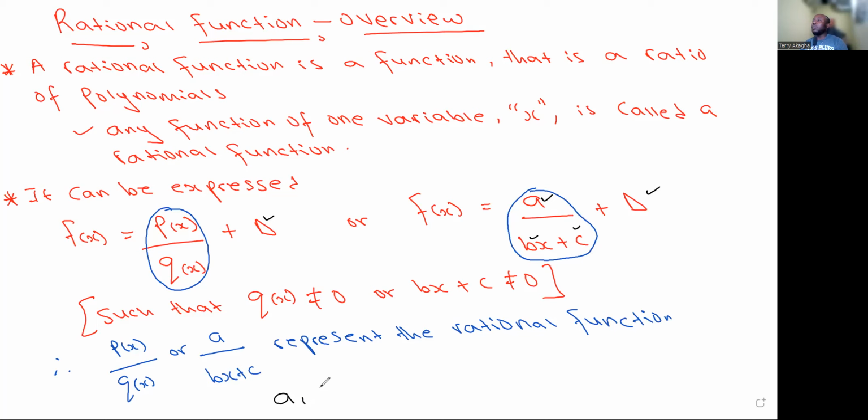So a, b, c, and d are constants. Okay? So this is how a rational function looks like.